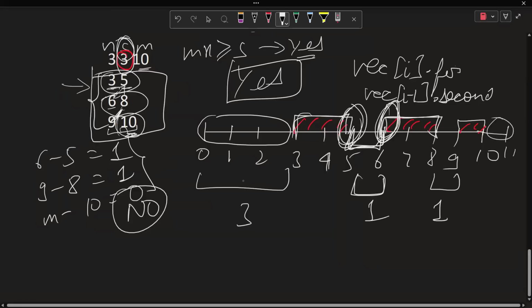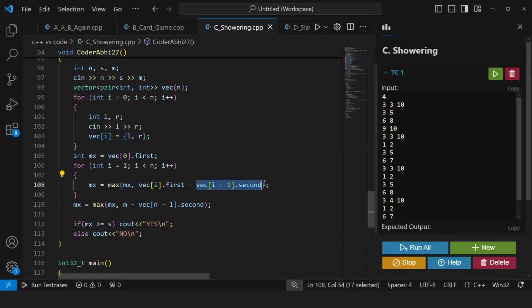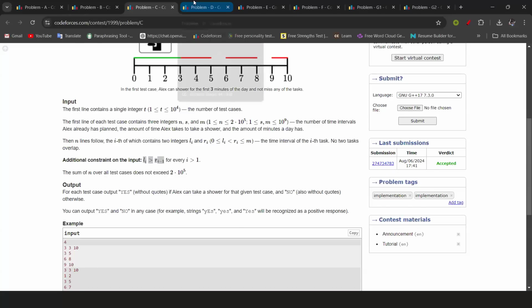That's why we are doing vec I dot first minus vec I minus 1 dot second. I hope this is clear, and the gaps before the first interval and after the last interval we are also considering. I hope the third problem is clear, so we can move to the fourth problem now.